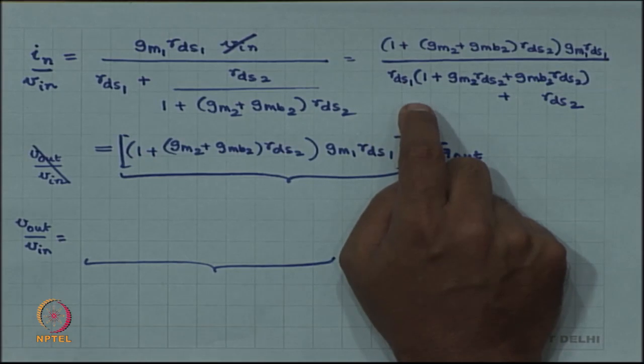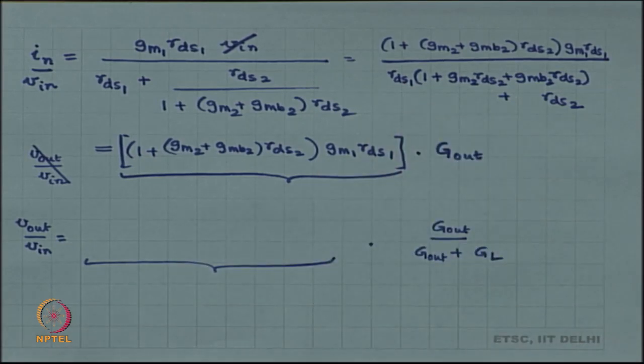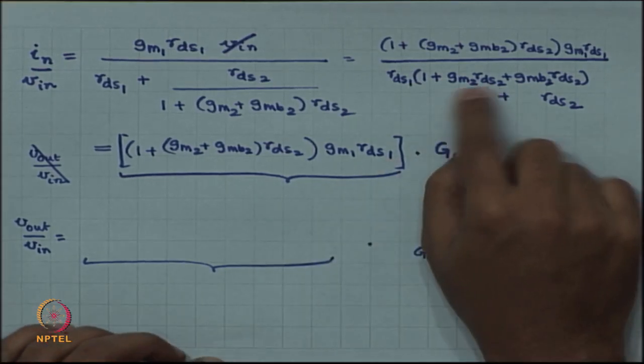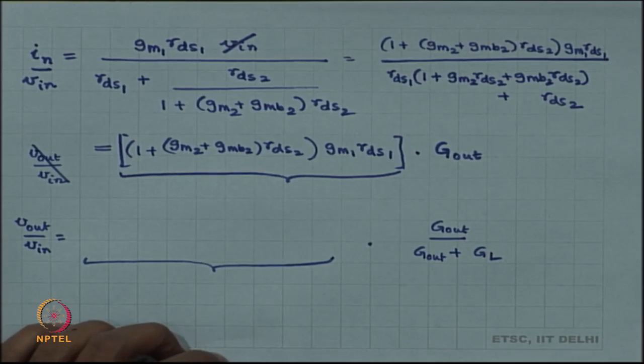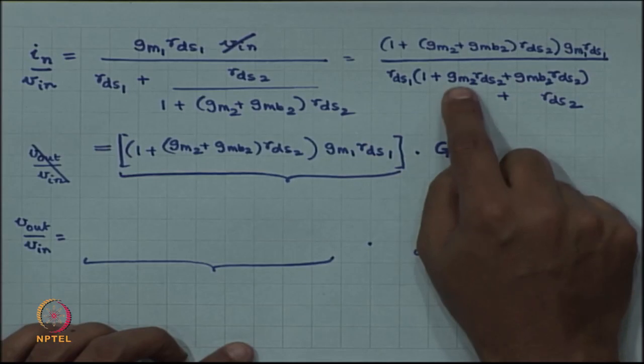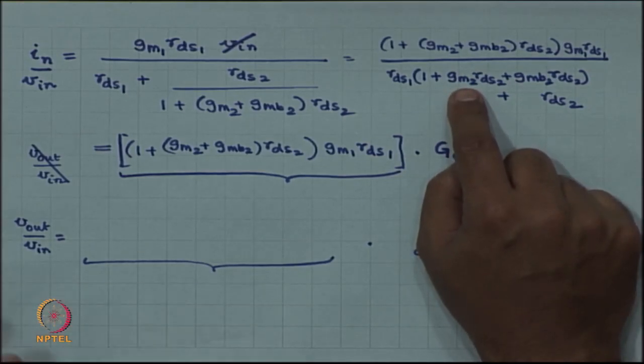RDS1, suppose the intrinsic gain of a MOSFET is 20, suppose. Okay. So, GM2 RDS2 is something like 20. Okay, it is more than 20, 100, okay, fine. So, let us say intrinsic gain is 100.